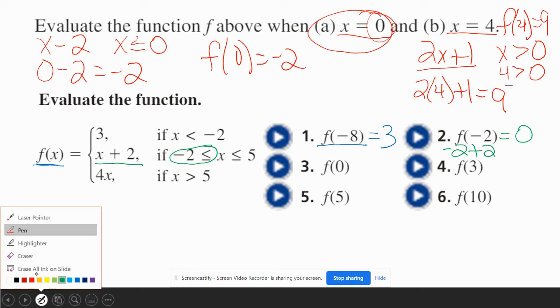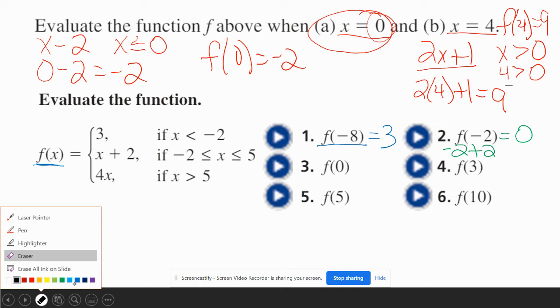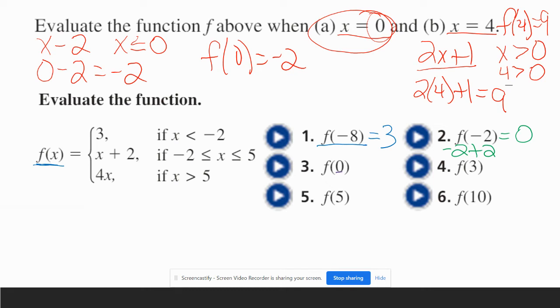Number 3, we have f of 0. So where does 0 fit? Well, 0 fits here in between negative 2 and 5. So we're again using this equation and plugging in 0 for x. So 0 plus 2 is 2.